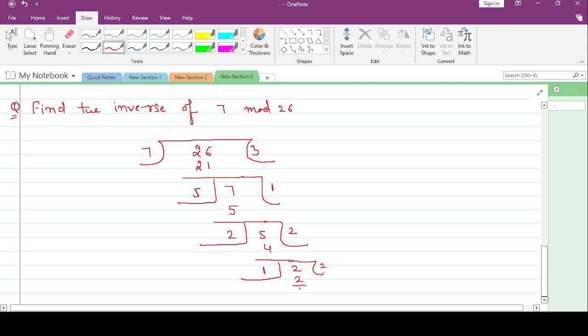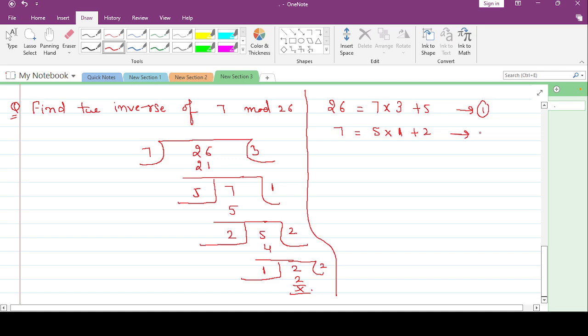So this 26 can be written as 7 into 3 plus 5. So this is the first equation. Next, 7 can be written as 5 into 1 plus 2.